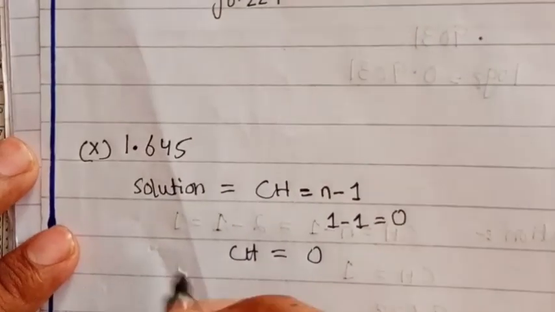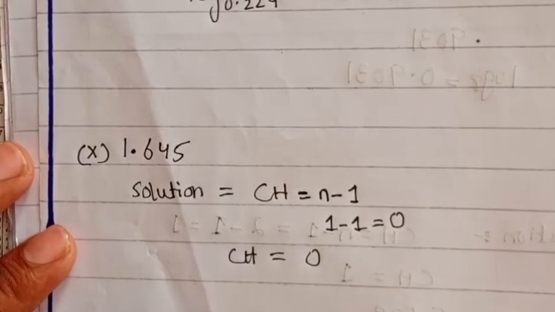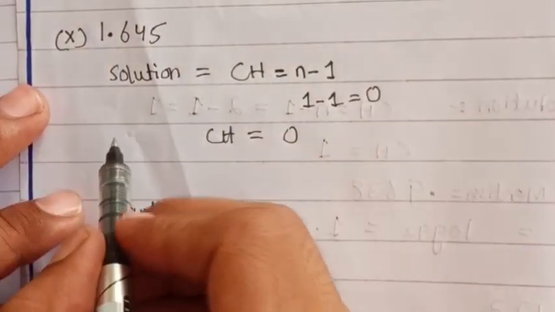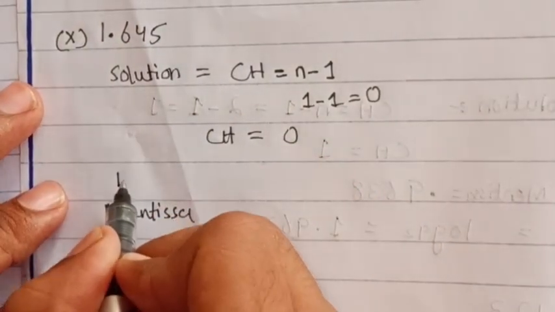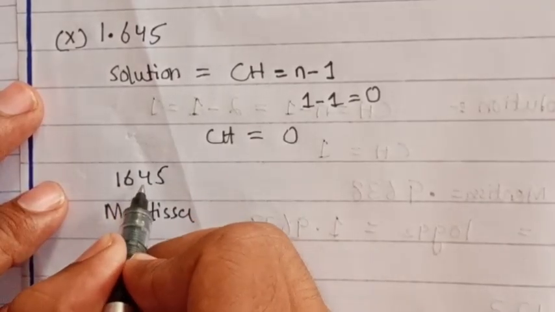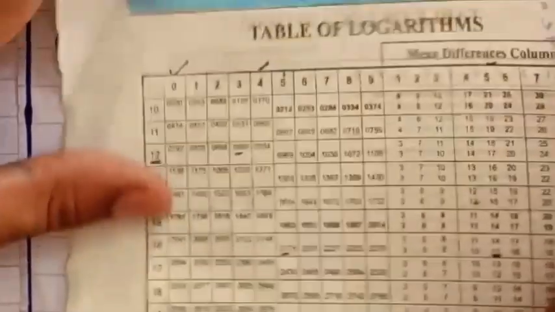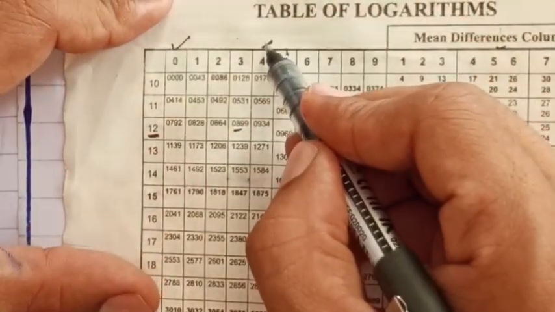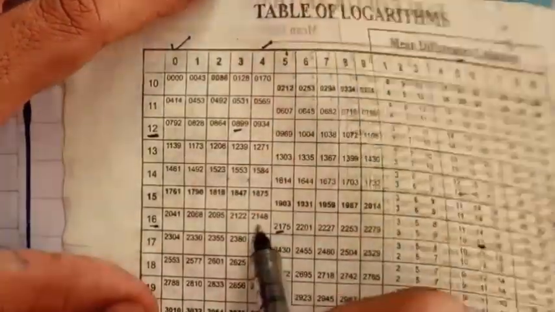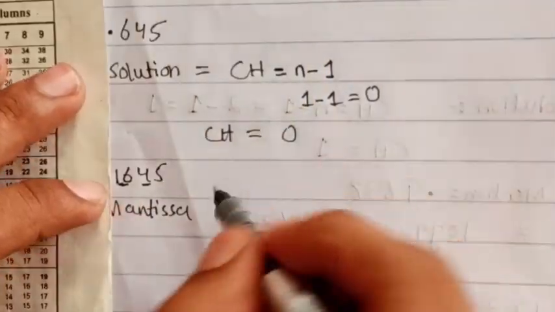Now I am supposed to find out the mantissa. For finding out the mantissa, I will ignore the decimal point, so that will be 1645. Here I am supposed to find the value of 16 in the fourth column. The value of 16 in the fourth column is 2148.